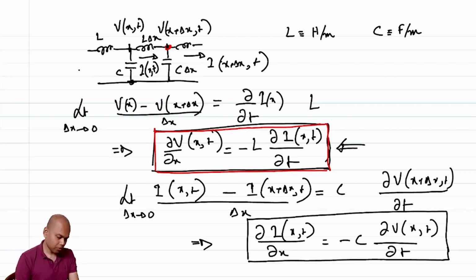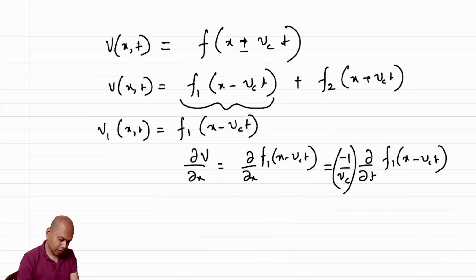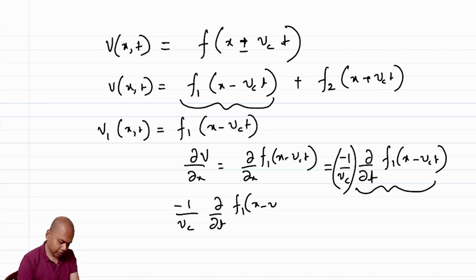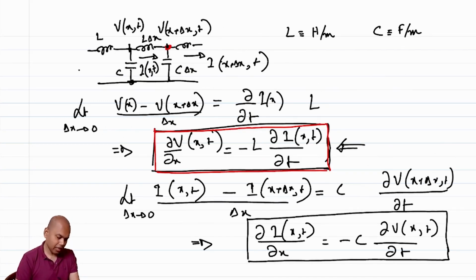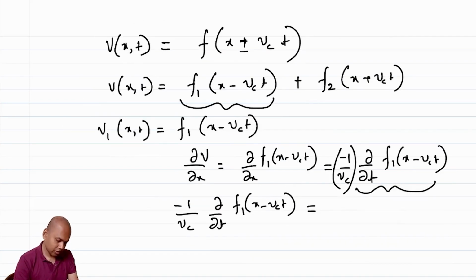Okay, so what is this equation telling us? This is basically telling us del v del x, that is this, is minus 1 over v_c times the time derivative of f1 of x minus v_c t, which is equal to negative of L del I del t, right?